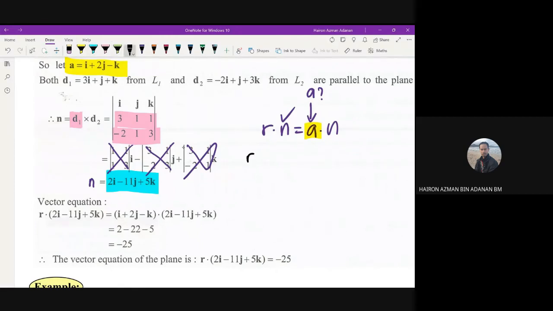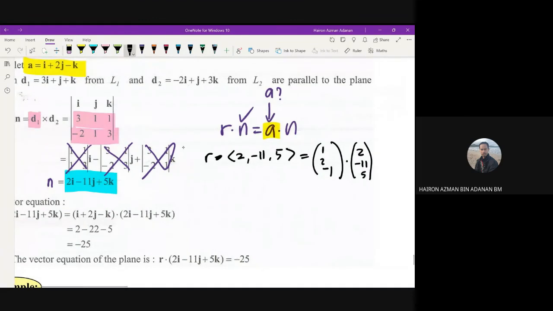Just biarlah R. Okay, dotkan dengan N dia normal iaitu 2i minus 11j plus 5k, ataupun nak buat bentuk ni pun dulu pun boleh, tak ada masalah. Nak buat bentuk ni dulu kan, malas nak tulis IJK kan, boleh juga. R dot (2, -11, 5) equal to A, ambil vektor titik A, 1, 2, negative 1, dotkan dengan vektor normal, 2, negative 11, 5.